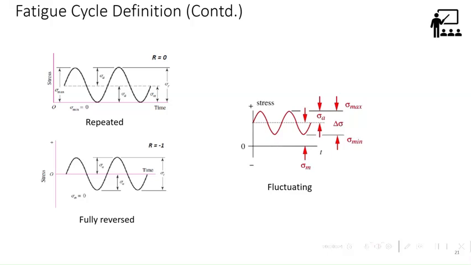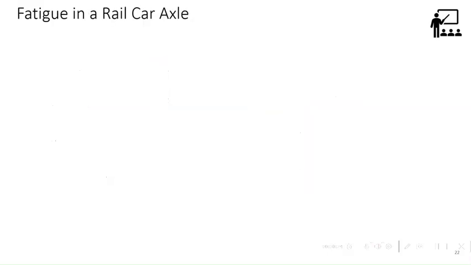Otherwise, minimum and maximum will be different. It will come with minus something. -1 means it is positive and negative equally. That means compression and tension, both. Okay, thanks.